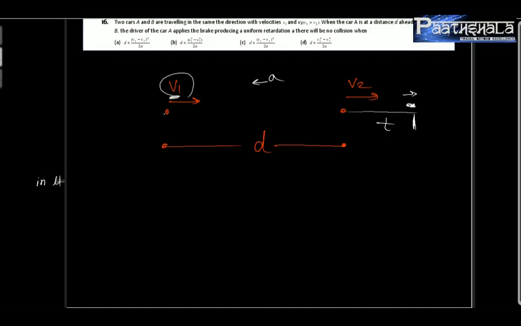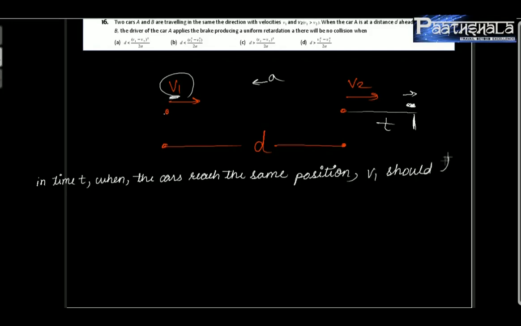In time t, when the cars reach the same position, at that point in time V1 should have reduced to V2.